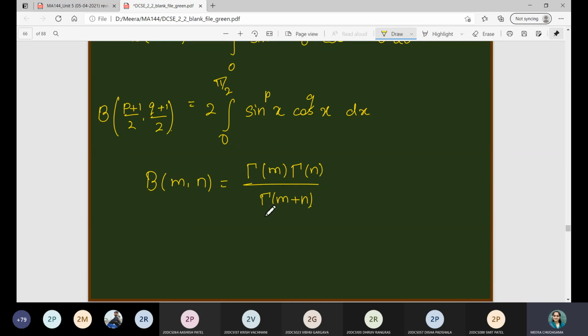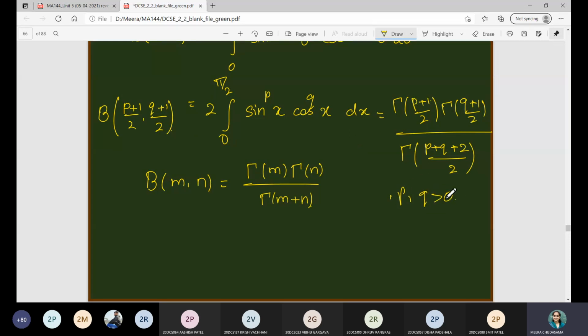So applying this formula to this integral, it will be gamma of p plus 1 by 2 times gamma of q plus 1 by 2, upon gamma of m plus n, so p plus 1 plus q plus 1, that is p plus q plus 2, by 2. Since the integral is asked with the factor 2, you have to take this 2 to the denominator side, otherwise you can remember this formula also. So that is what I wanted to talk about, the properties of the beta and gamma functions, right? Of course, p and q are positive real numbers.